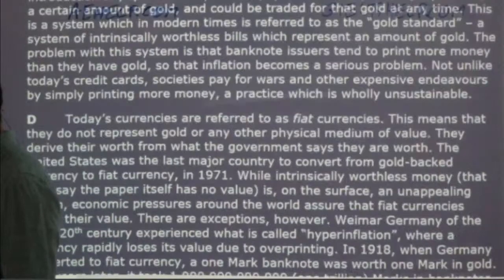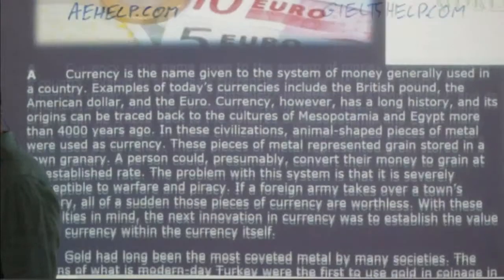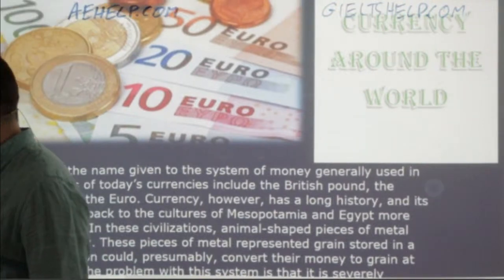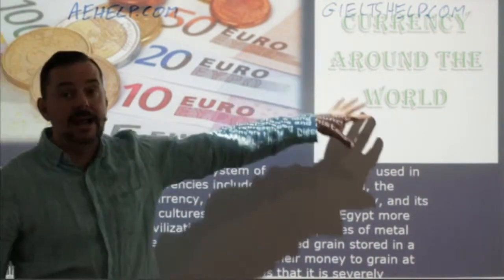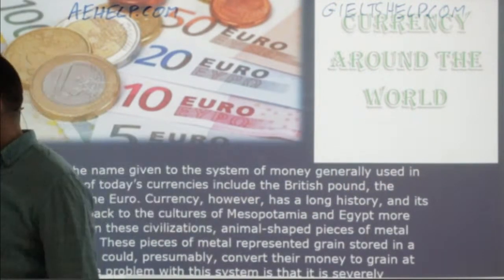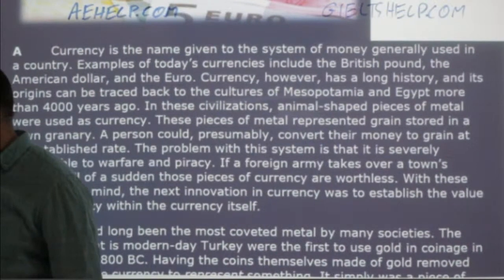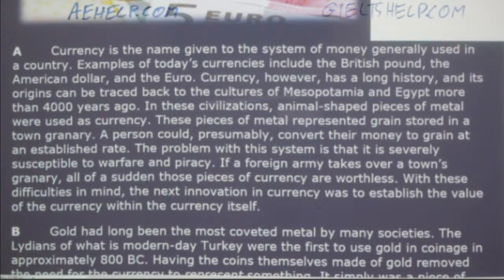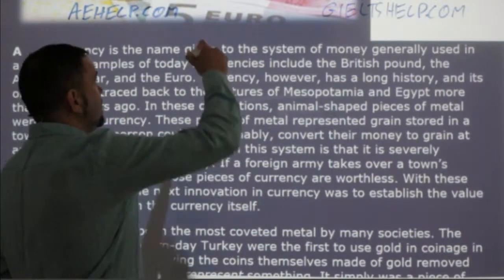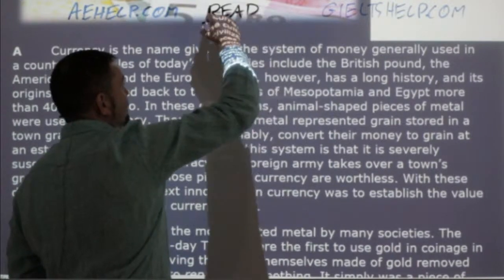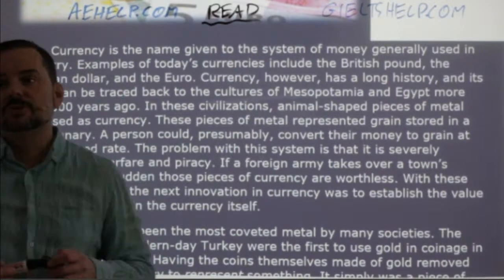Here we go. So back to the very top, and we are reading together. So it's one more time from the title, Currency Around the World. This is reading, so don't just listen to me, but read and read with me. Read aloud if you can, if you have the opportunity.